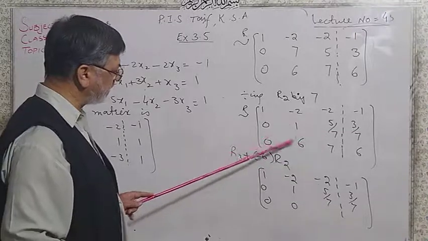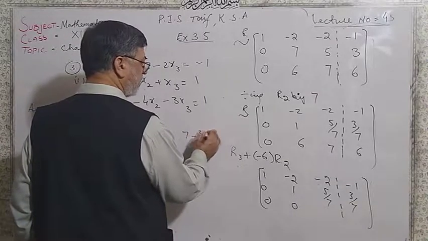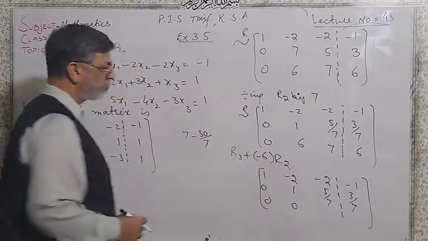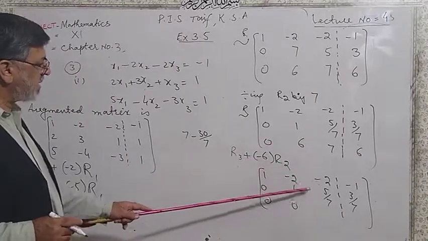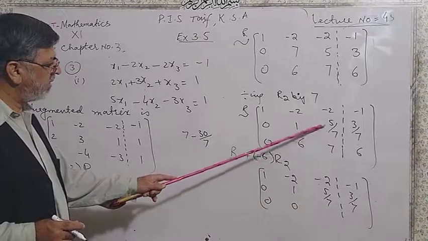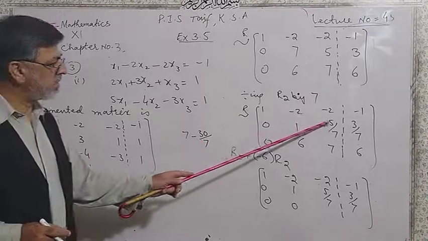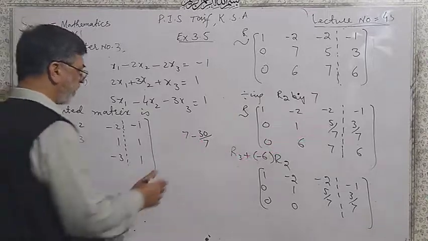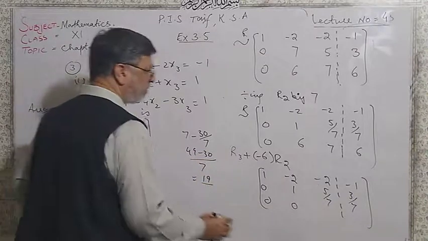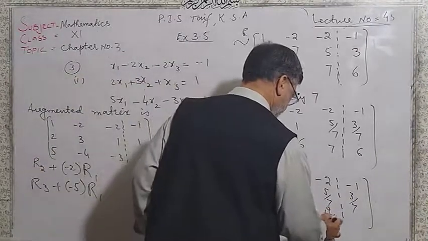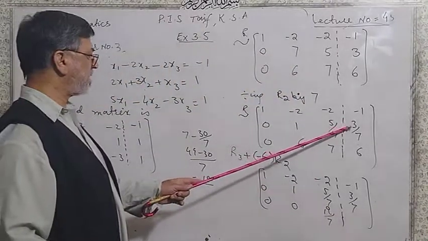Now minus 6 and added here. So it will be 7 minus 30 over 7. This is multiplied by minus 6 and added here. So minus 30 over 7 plus 49, minus 30 over 7, it will be 19 over 7. And this is again multiplied by minus 6.